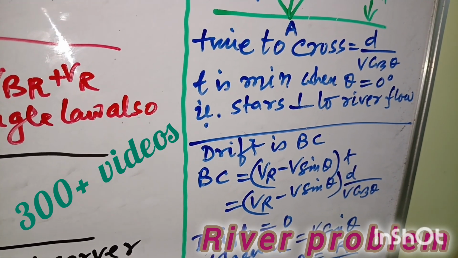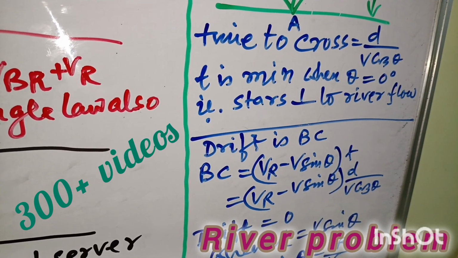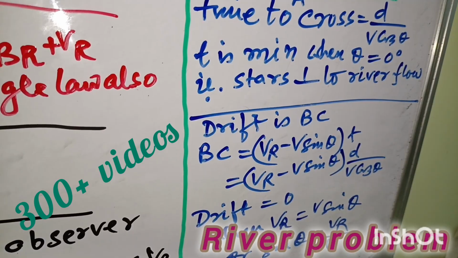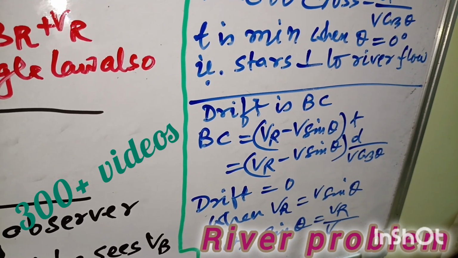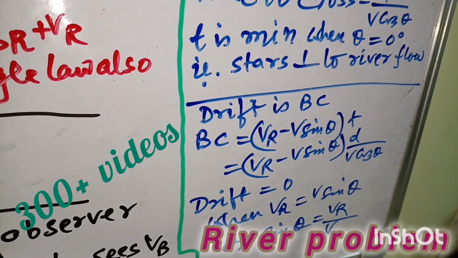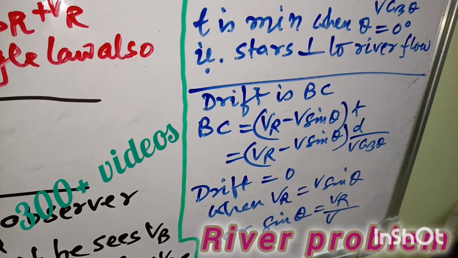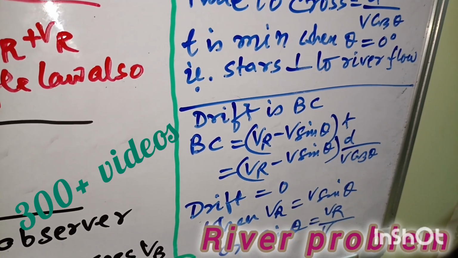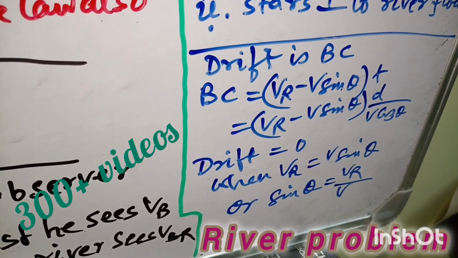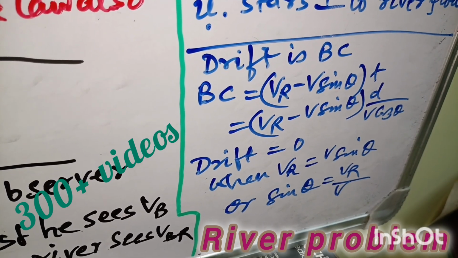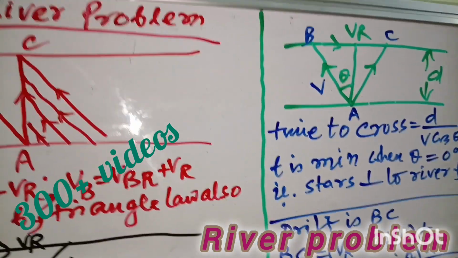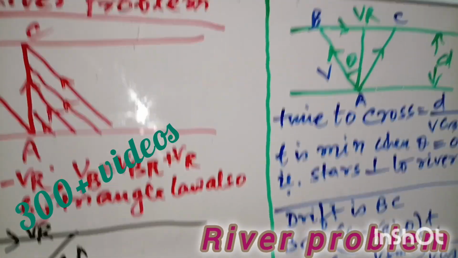Means BC equal to Vr minus V sin theta into t. That is Vr minus V sin theta into d by V cos theta. If the drift has to be 0, that means Vr minus V sin theta has to be 0, because t cannot be 0. That means Vr has to be equal to V sin theta, or sin theta equal to Vr by V.